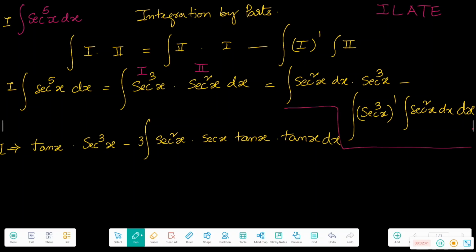Let's go to the next step. We can write I equals secant cube x tan x minus three into integral of secant cube x into tan square x, which can be written as secant square x minus 1.